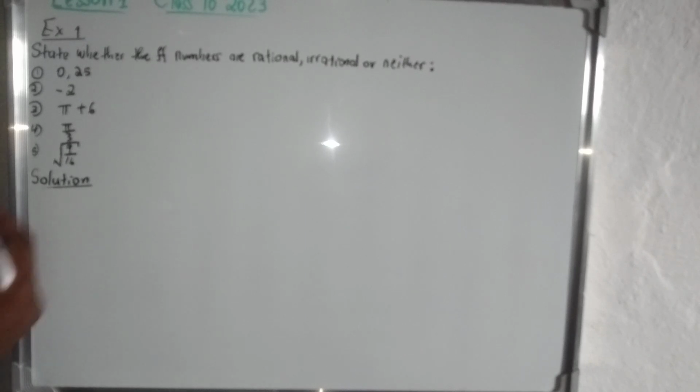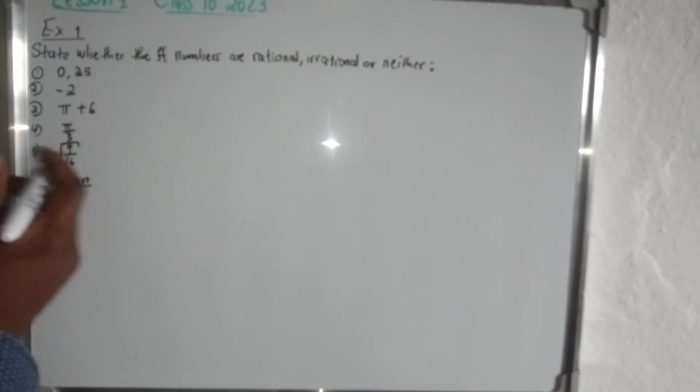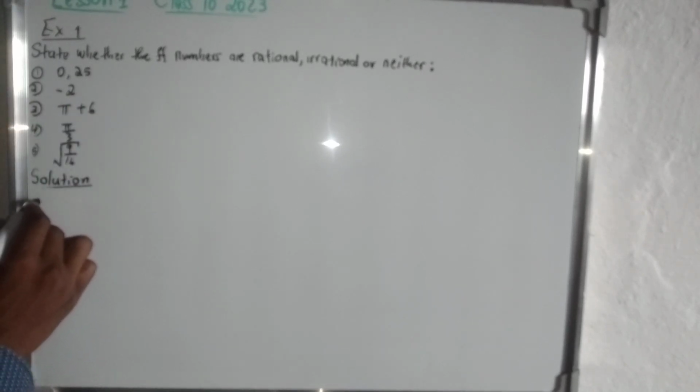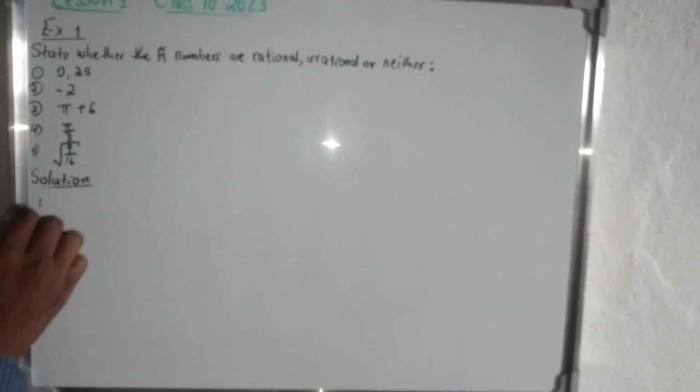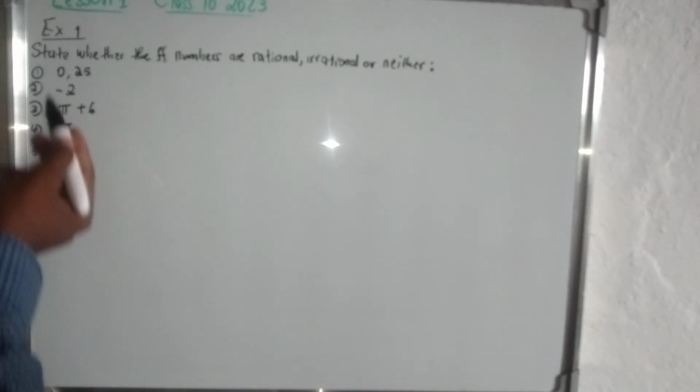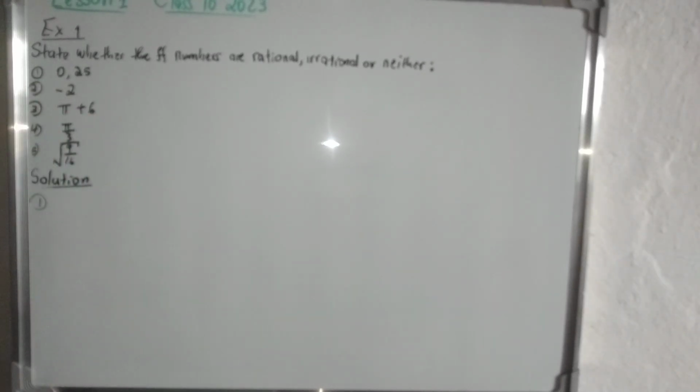How do we go about telling whether the first one is rational, irrational, or neither? Number 1, since it is 0.25, it is a terminating decimal.